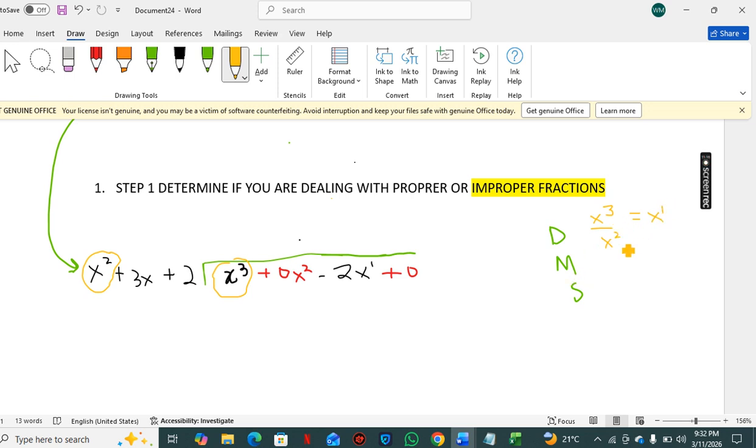Remember when you're dividing same bases, you subtract the indices. So we just subtracted 3 minus 2. That's how we got x to the power 1. Okay. So you put this x to the power 1 here. Any questions before I move further?